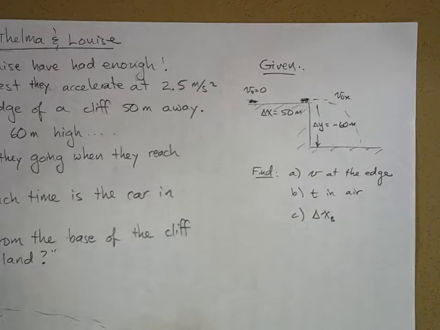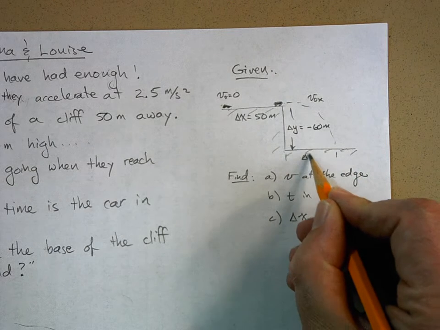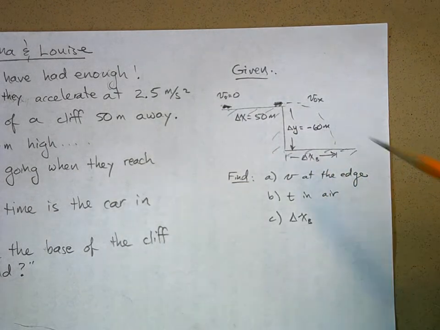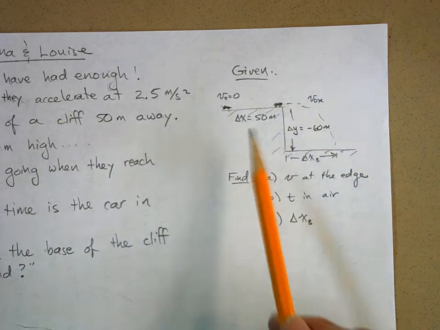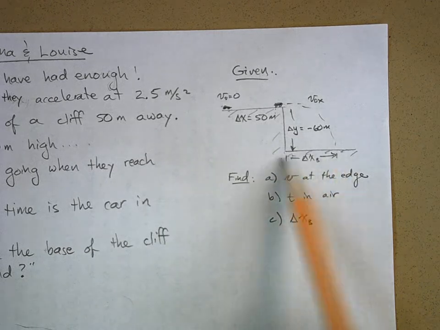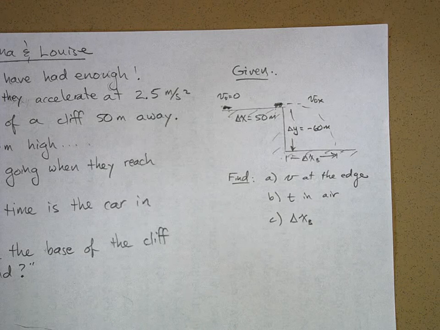It's going to be from here to here. And notice it's okay to name stuff with little subscripts if you want to distinguish. Here's a delta x over here, and here's the delta x from the base of the cliff. So you can make it up however you want to do it.